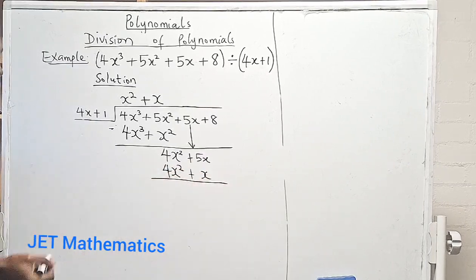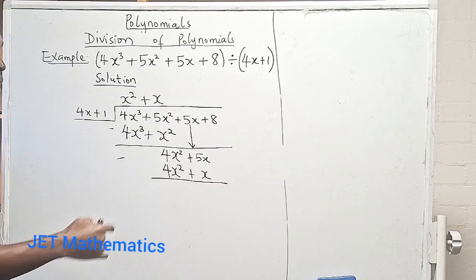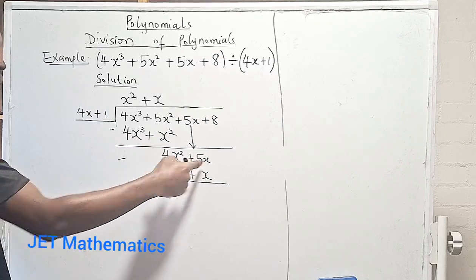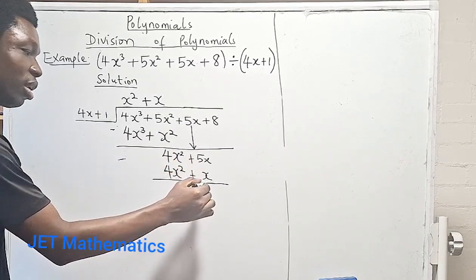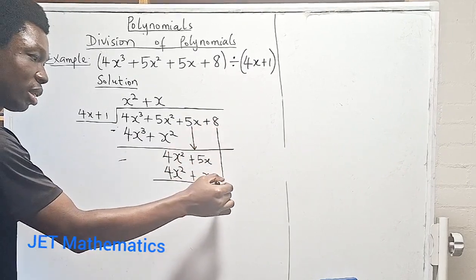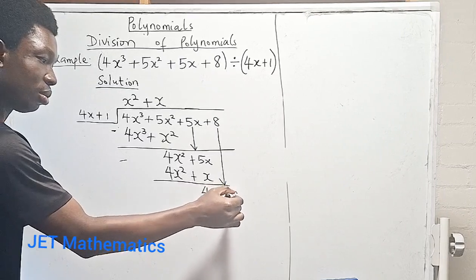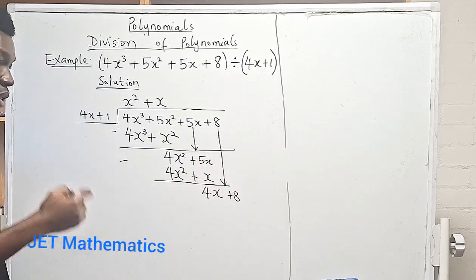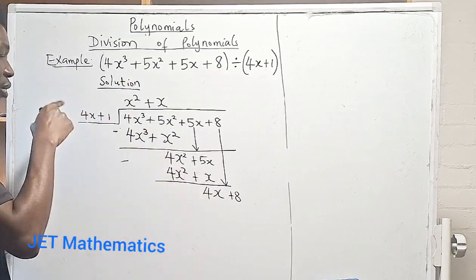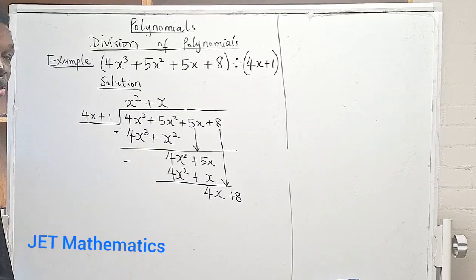That's quite easy. We subtract again. This minus this gives me 0. And then 5x minus x gives me another 4x. And then I bring down my last term here, which is plus 8. And then what can I use to multiply 4x that will give me 4x? Obviously 1.